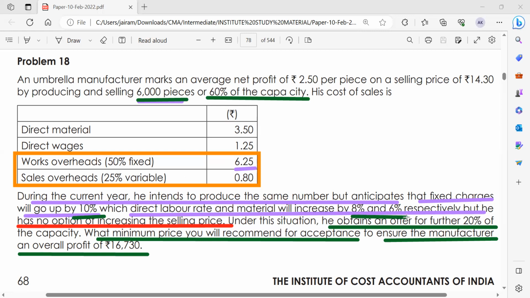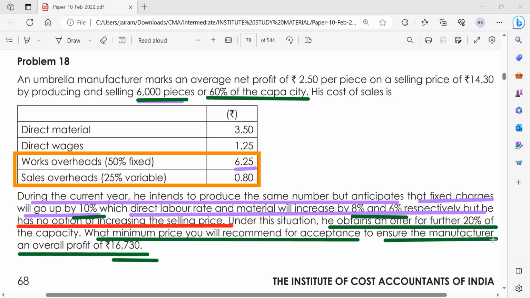We'll increase these and then find the marginal cost statement, and in that we will get a profit. That profit you will have to deduct from this, and that is what we need to get from this 20% offer. That's the approach. If you didn't understand, once we go ahead with the solution, you will understand what I am saying.